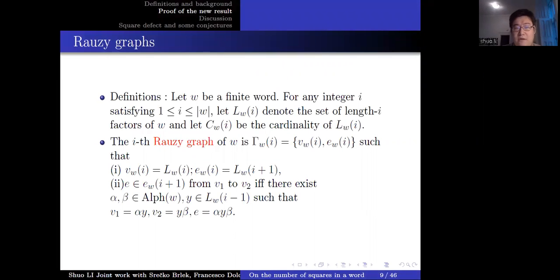Then the Rauzy graph of W is an oriented graph such that its vertex set is the set of length I factors of W, which is exactly W_I, while the edge set is the set of length I plus 1 factors of W, which is W_I+1. There is an edge E pointing from V1 to V2 if and only if V1 is a prefix of E and V2 is a suffix of E.